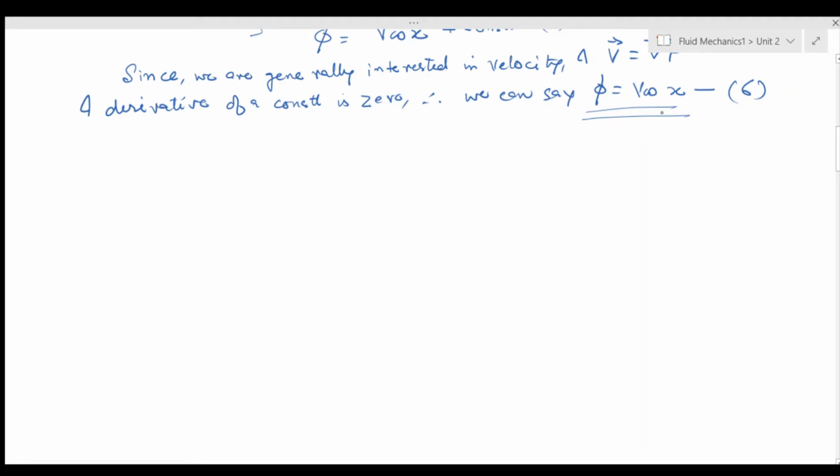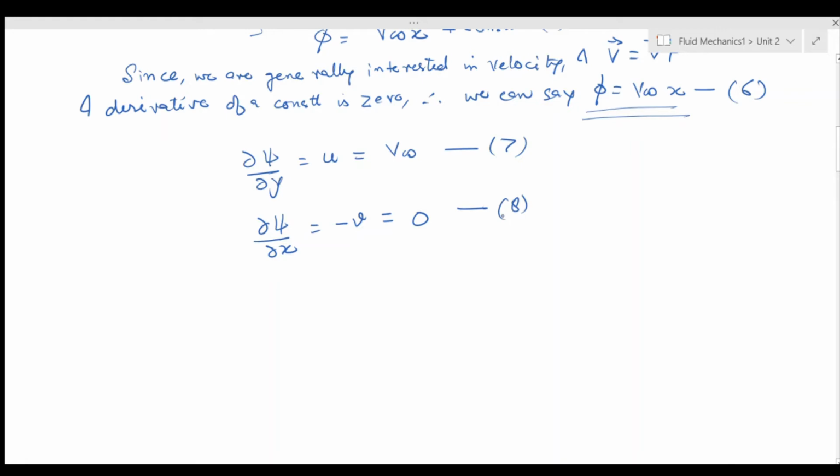For the same flow, if I want, I can find my psi stream function also, and I know that del psi by del y is my u component of velocity. For this case it is given as v infinity. My del psi by del x would be minus v, and there is no y component of velocity, it is 0 for this particular case.